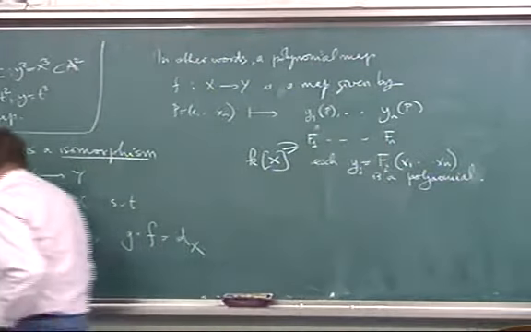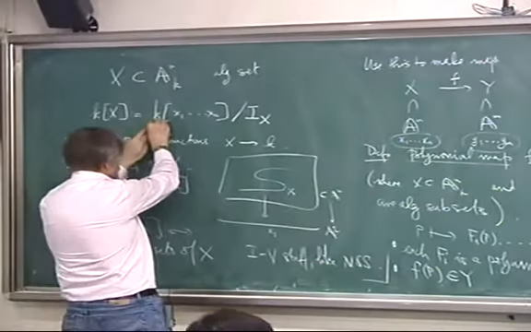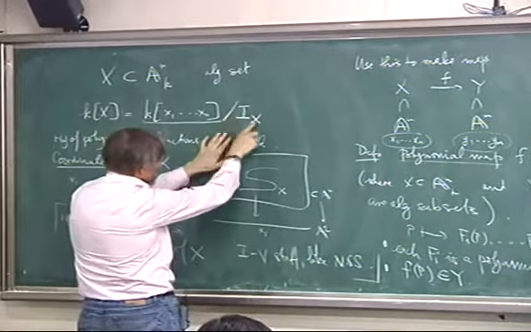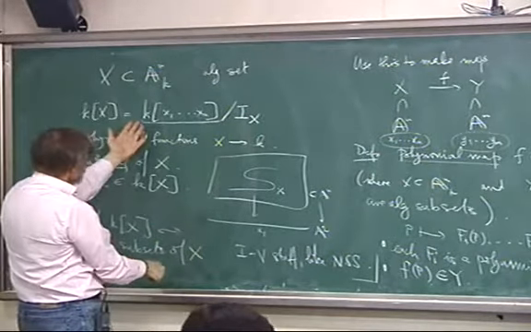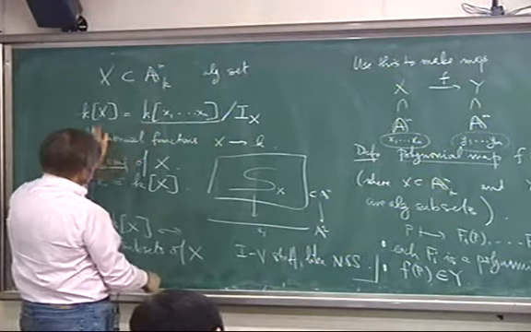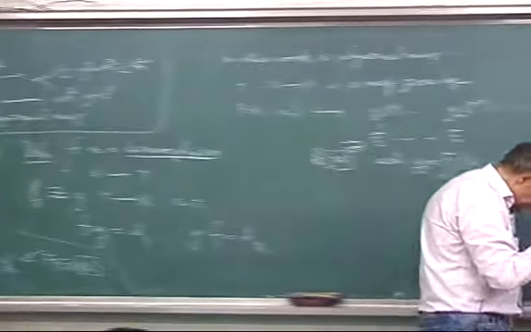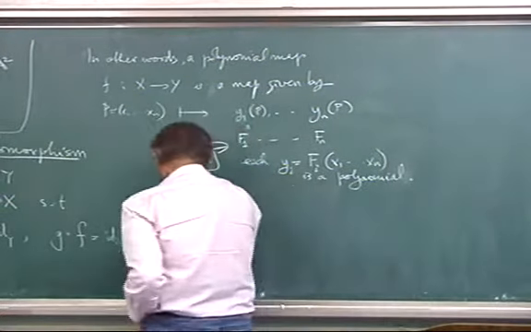So when I write down a polynomial, I have an idea that I'm writing down something in the polynomial ring, but I'm considering it only up to the ideal of things vanishing on X. So in other words, I'm really considering it just as a function on X.